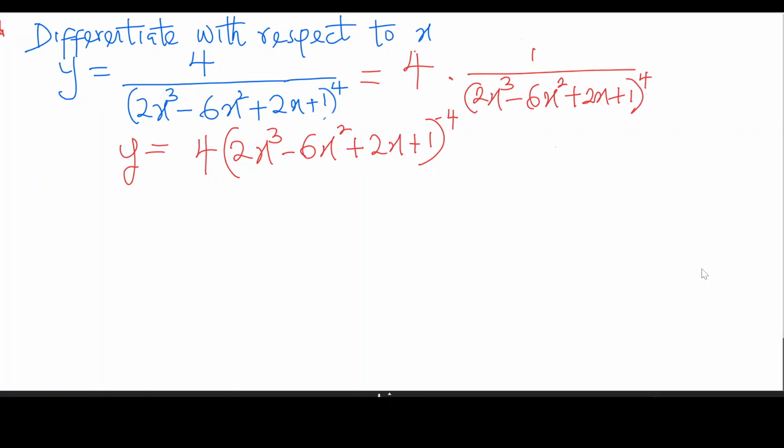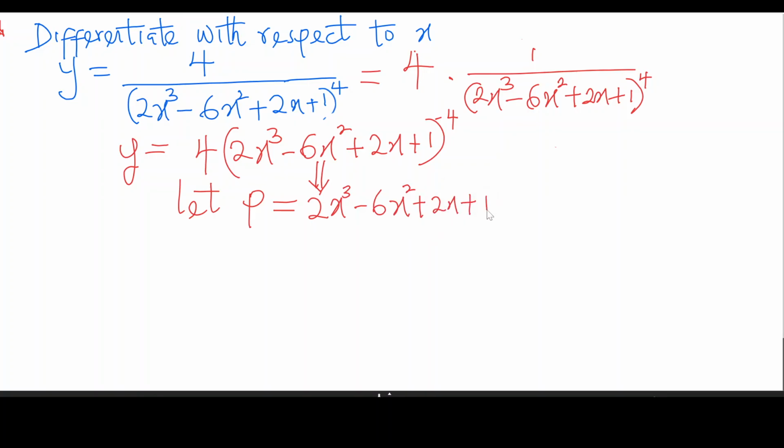Whatever terms are inside the bracket, we let a particular variable be those terms. In this case, I'm going to be using p. Let p be equal to the terms in the bracket: 2x raised to the power of 3 minus 6x squared plus 2x plus 1.